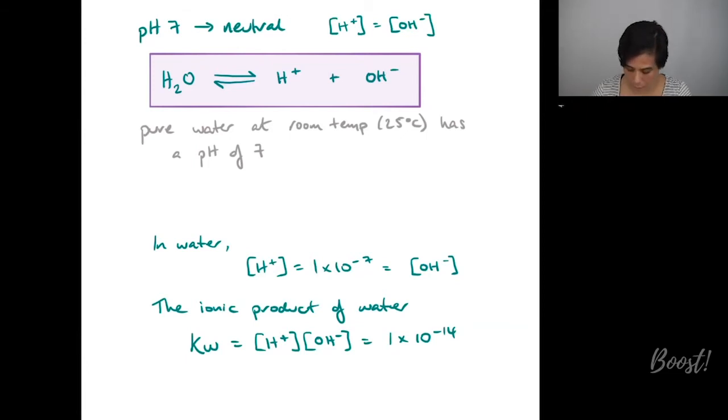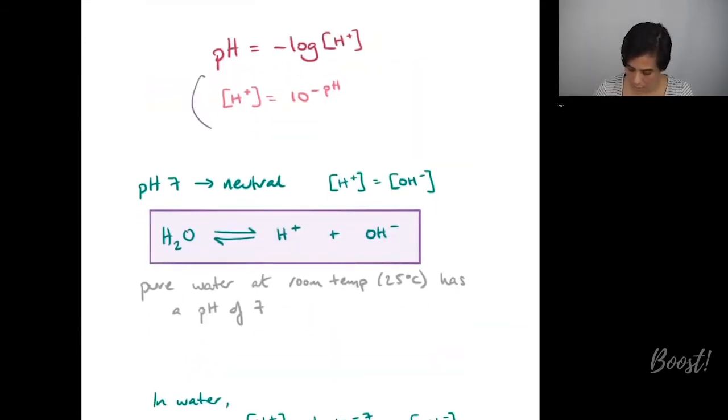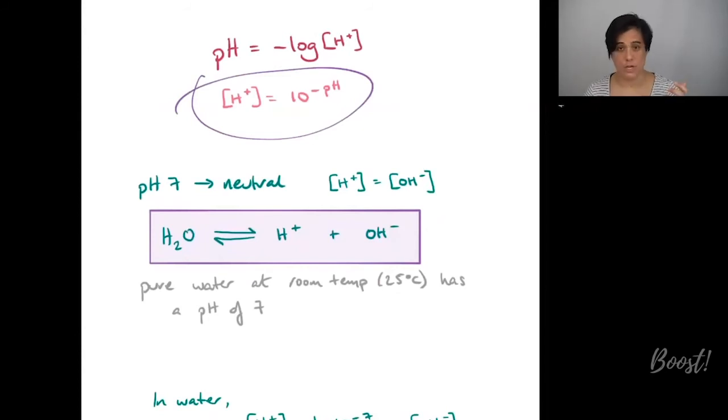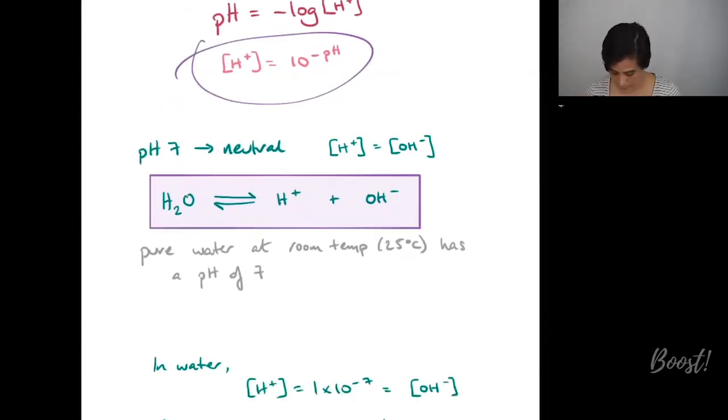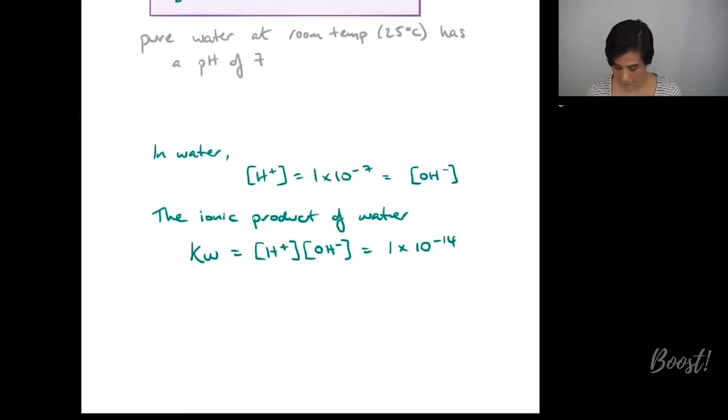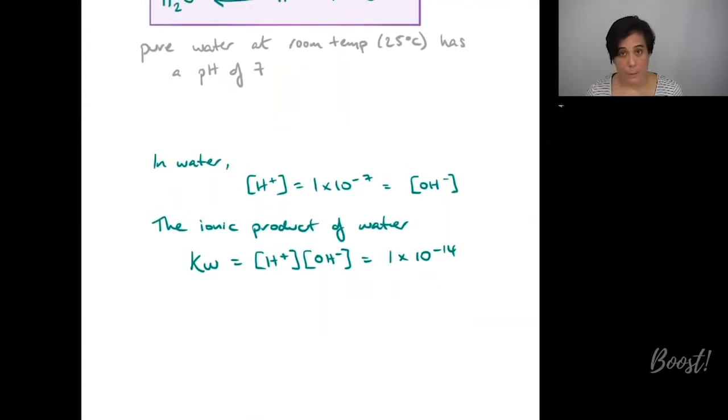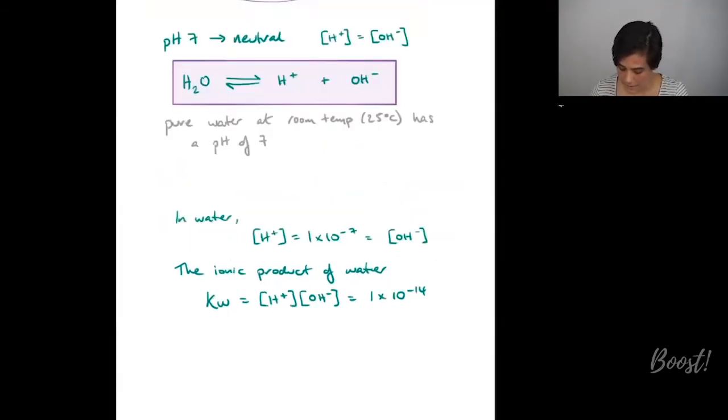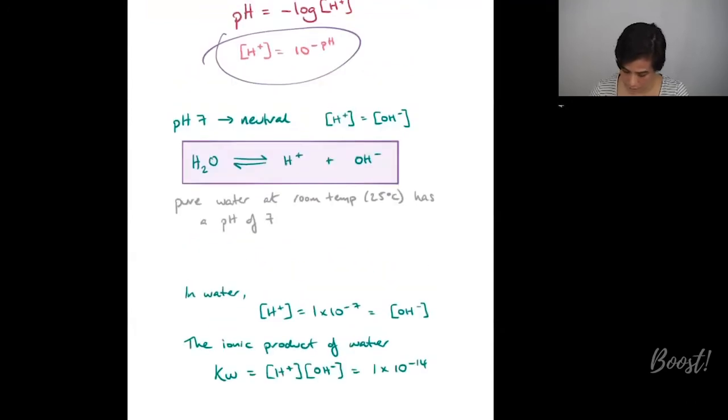We were just talking about H+ concentration equals 10 to the power of minus pH. Well, if our pH is 7, then 10 to the power of -7 is what our H+ concentration is. So this comes directly from this equation here.